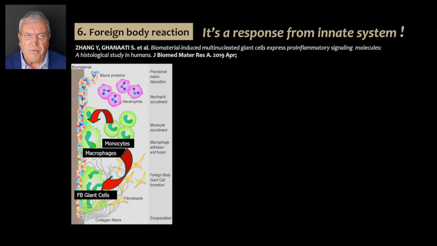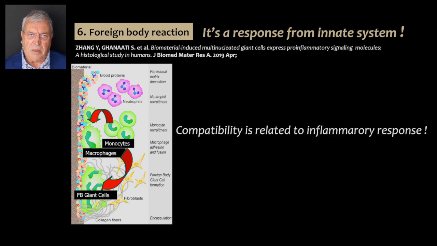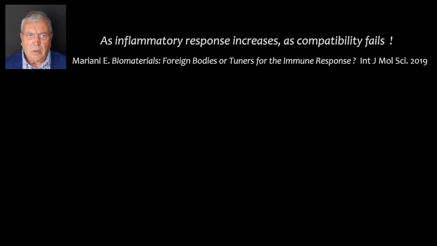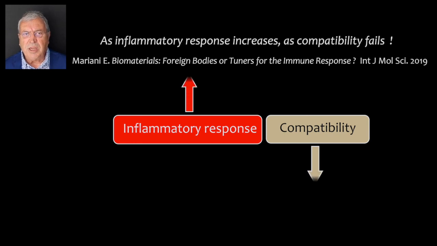And then when the inflammation persists, the monocytes become macrophages, and the macrophages become foreign body giant cells. It means that the compatibility is related to the inflammatory response. As inflammatory response increases, the compatibility fades. This is what we need to have in mind.